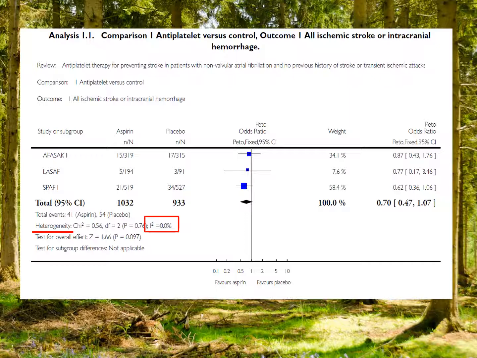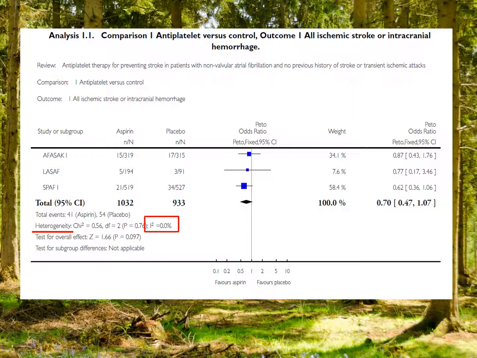What are the odds of having ischemic stroke or intracranial hemorrhage in study one if you are in the aspirin group? 15 divided by the rest of 319, which is 304. And the odds in the placebo is 17 divided by 315 minus 17, which means 298, and so on. And the odds ratio for that study is 0.87.